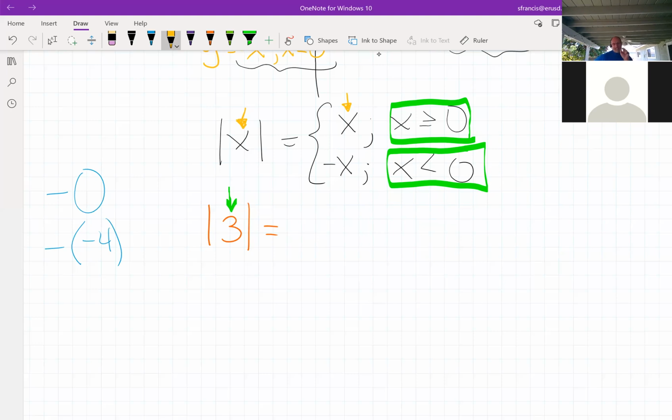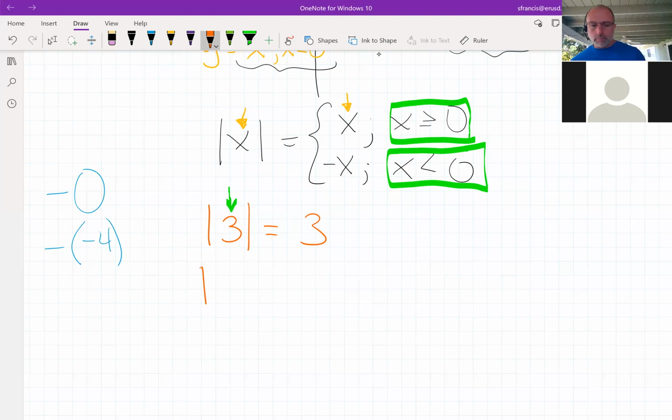So what this definition is telling me is that if the input is greater than or equal to 0, the output is exactly the same as the input. And that's a good way of thinking about this. When the input is greater than or equal to 0, when the input is non-negative, then the output is exactly the same as the input. And since my input is greater than or equal to 0, the output here is going to be exactly the same thing.